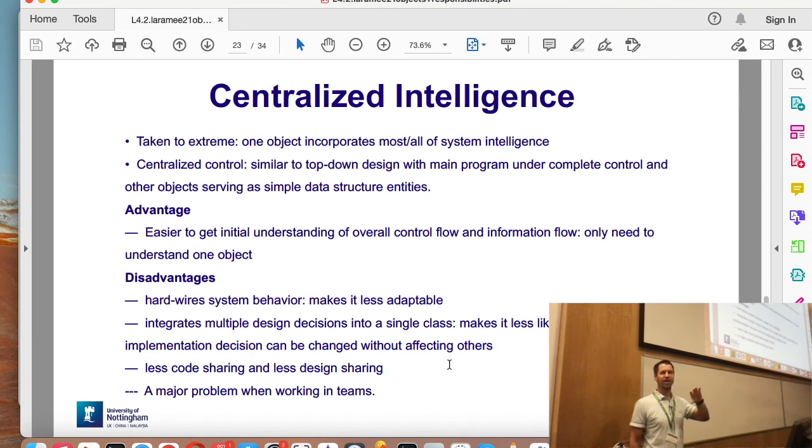Not many people will talk about that. It's a disadvantage when you have an object-oriented program to figure out the flow of control and how the information is flowing and which objects collaborate with other objects and what that system looks like.